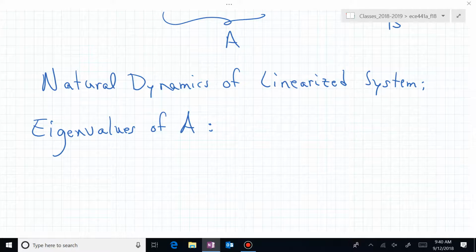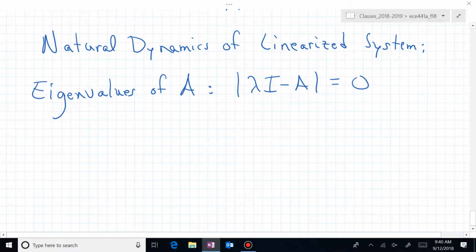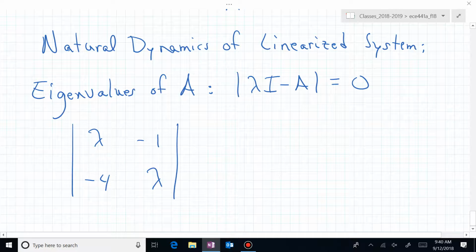The eigenvalues of A are now the determinant of, and I'm just going to call those eigenvalues lambdas, lambda I minus A. There's lambda I. I subtract the A matrix from that and compute the determinant. That's what the straight vertical bars indicate.